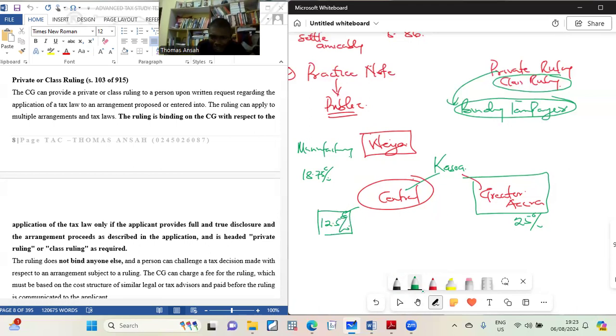Now, there may be a town that divides Kasoa from Greater Accra, because it looks as if Kasoa is the junction, but there will be a town in the middle here dividing the Central Region from Greater Accra. You don't know whether that town is in Kasoa or in Greater Accra. So you have to go to the Commissioner General.